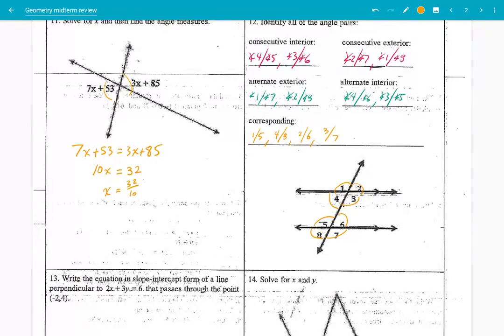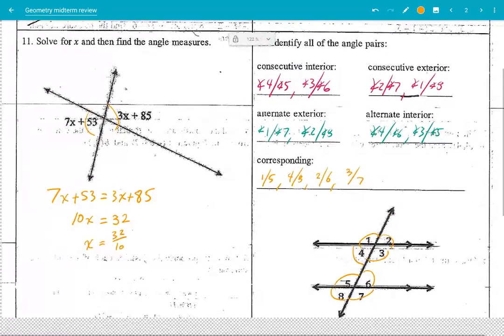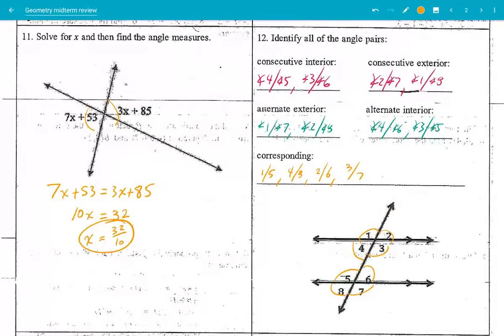Find the angle measures. So let's plug that back in. So 7 times 32 tenths, that's annoying, plus 53 equals. Let's find out what that is. What's 7 times 32 tenths? 7 times 32, 22.4.